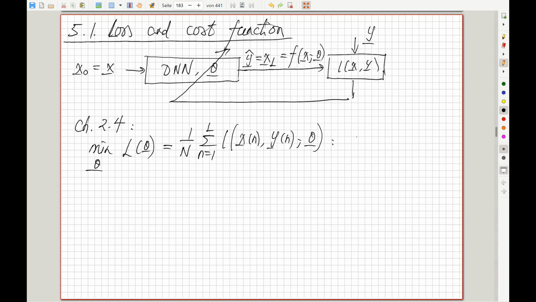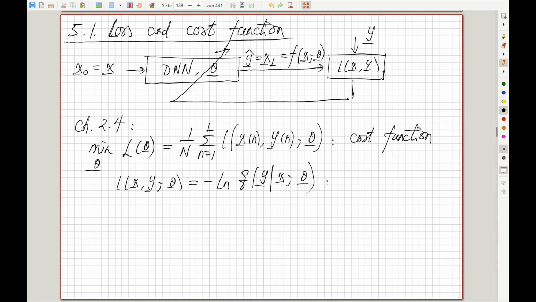This is actually our cost function. And the loss function defined for one generic input-output sample pair is given by the minus log likelihood loss. It's an approximating conditional distribution for y conditioned on a particular input x, parameterized by the parameter vector. This is actually our negative log likelihood loss for one sample pair.